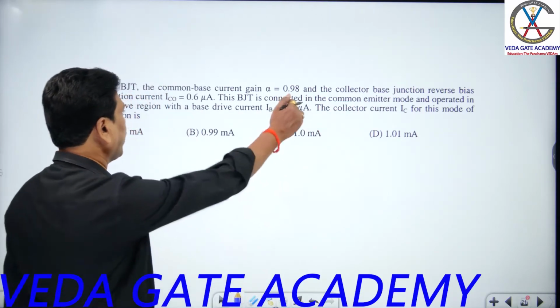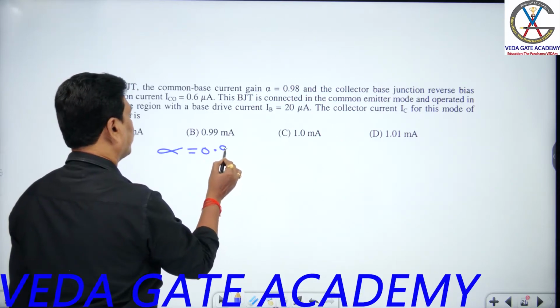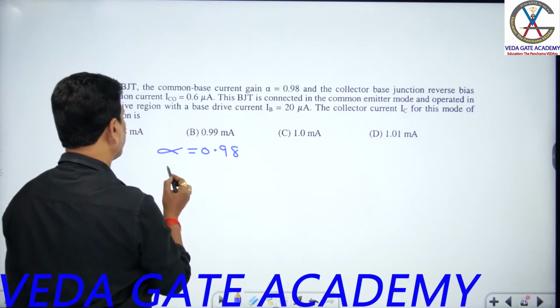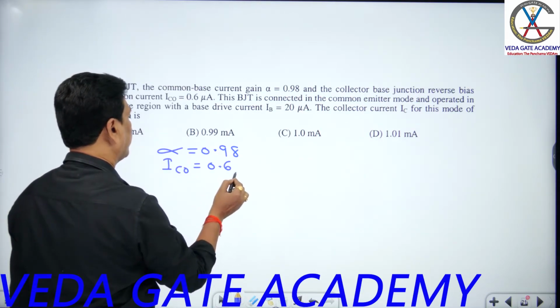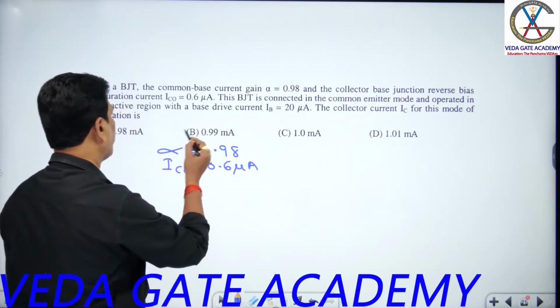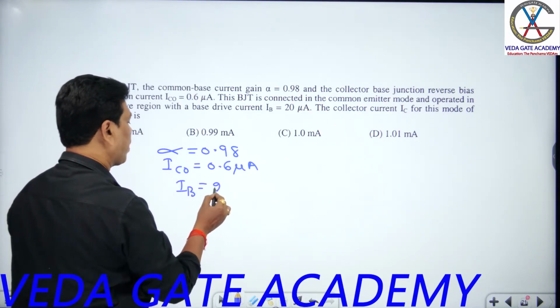First I check the data given. Alpha is 0.98, collector base junction reverse bias current IC0 is 0.6 microampere. The BJT is in CE mode, operating in active region with base current IB equal to 20 microampere.